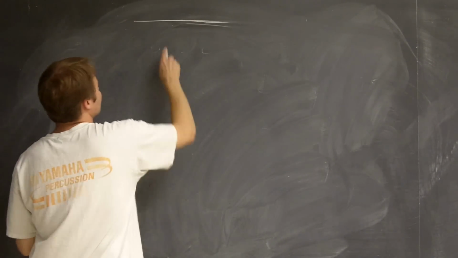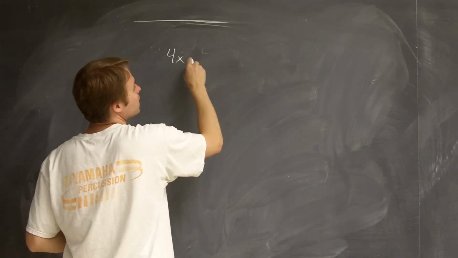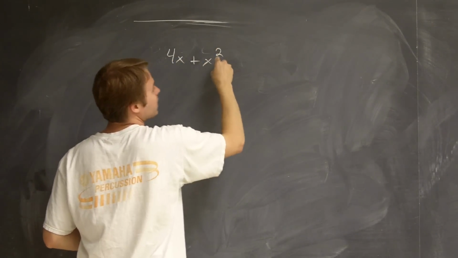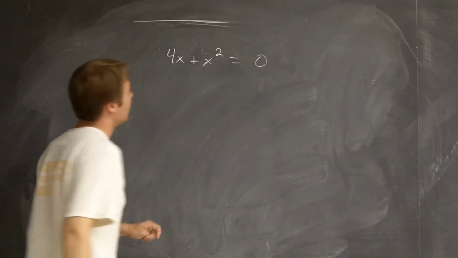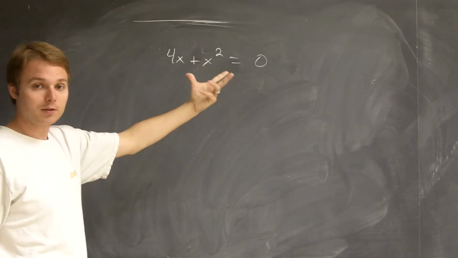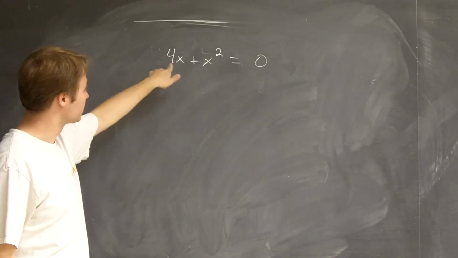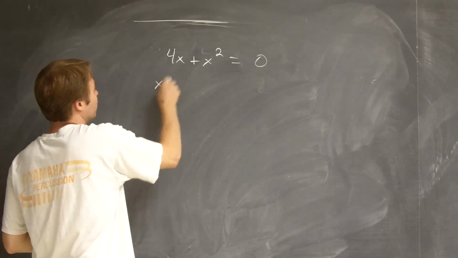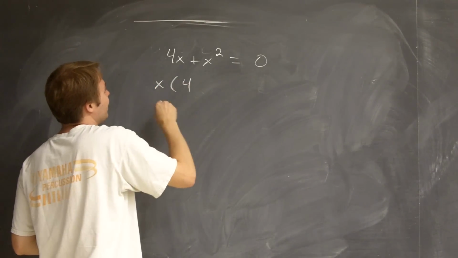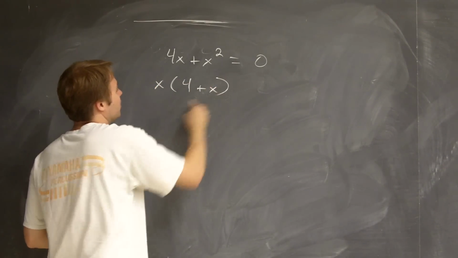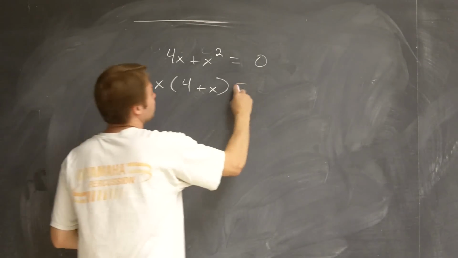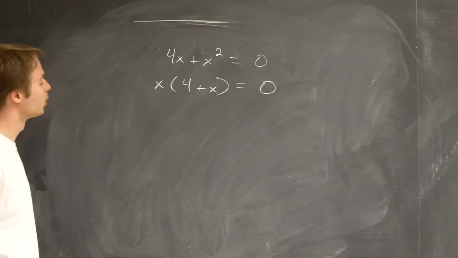This is the basic idea of how we want to work these problems. So another example would be something like this. 4x plus x squared is equal to 0. In this case, I can do my basic factoring by pulling something out to the front because there's a common term of x in both of these. So I pull out the x and I'm left with 4 plus x on the inside. All of that's equal to 0.